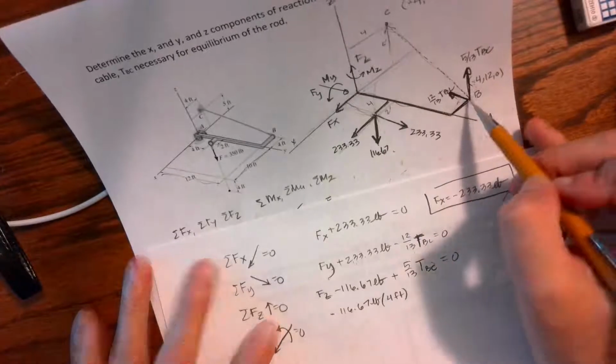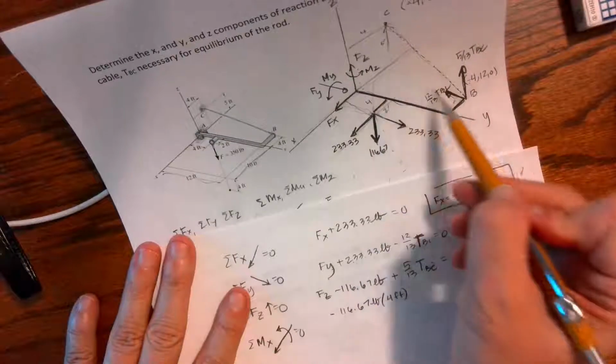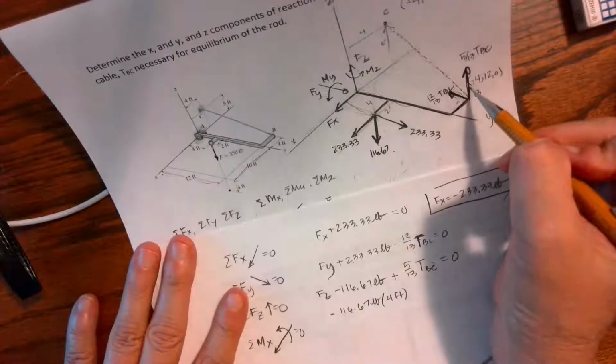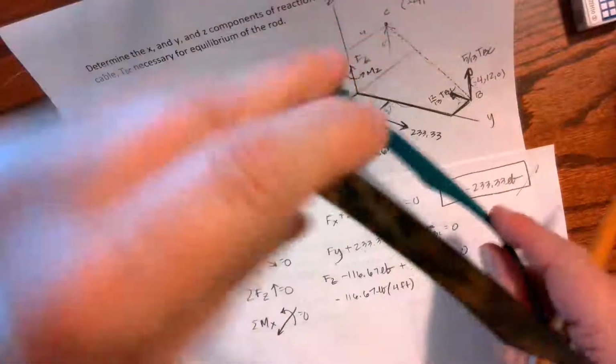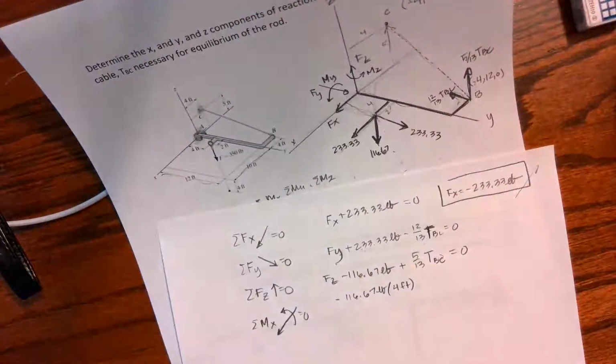Let's go here. If I look at the y component, it's in the xy plane, so it would just cause pushing. But the z component here, again, here's my x-axis, and if I push up, I'm going to rotate.